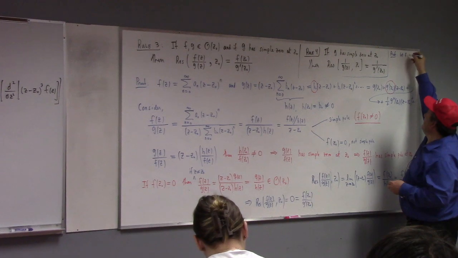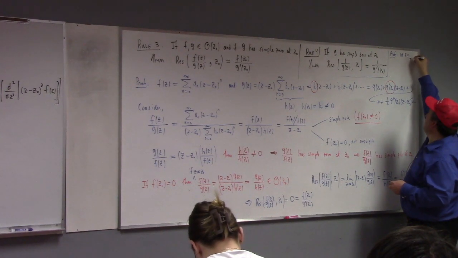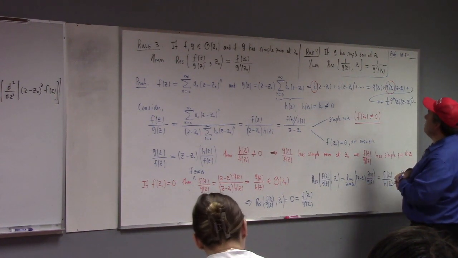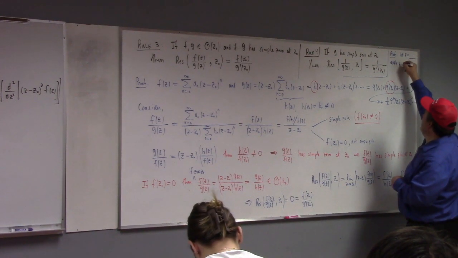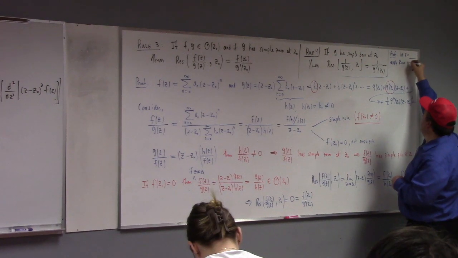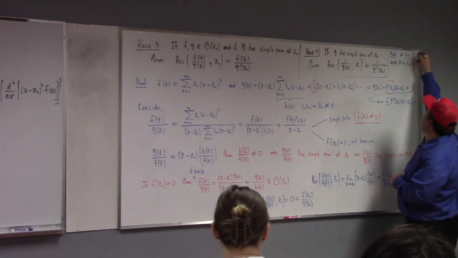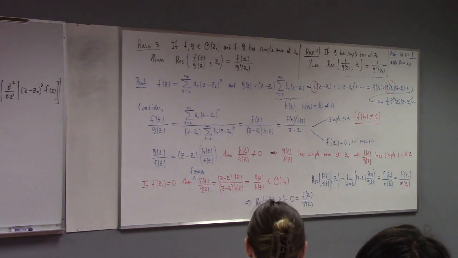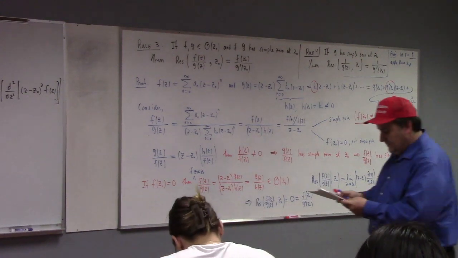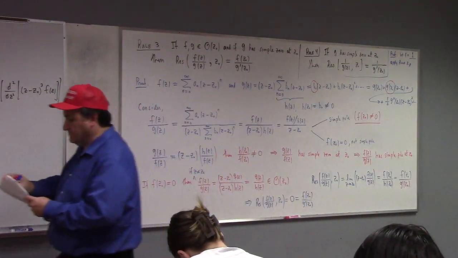Let f equal to, fill in the blank. Apply rule 3. Oh, f equals 1. Yeah, that's it. So there you go. Them's the rules.